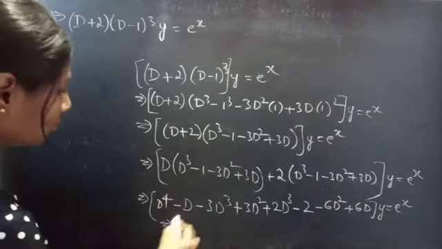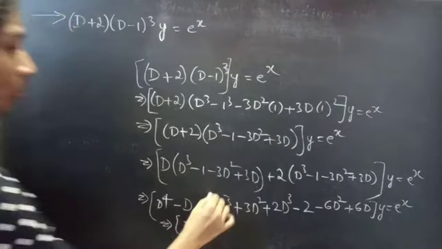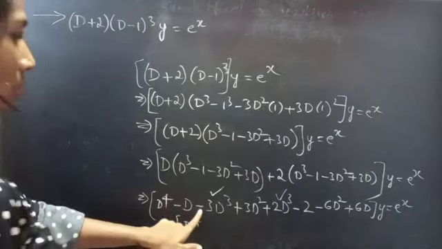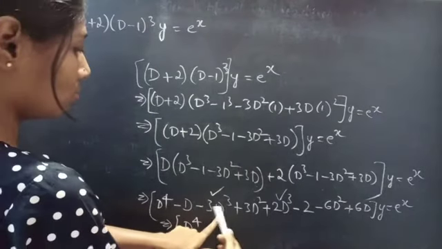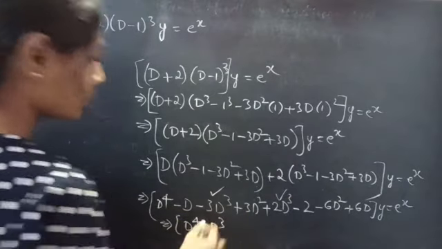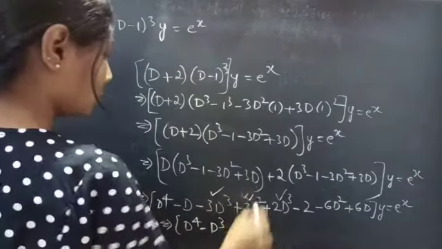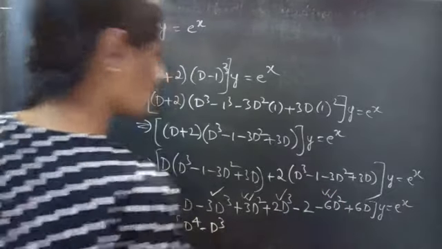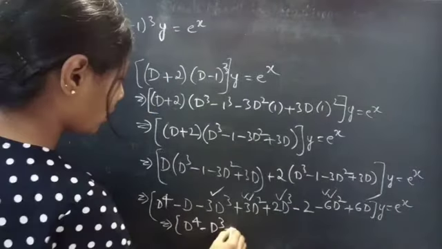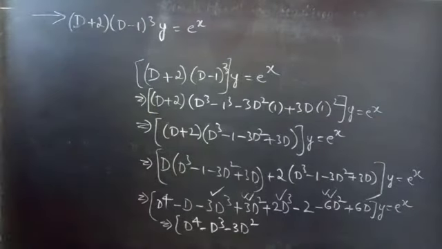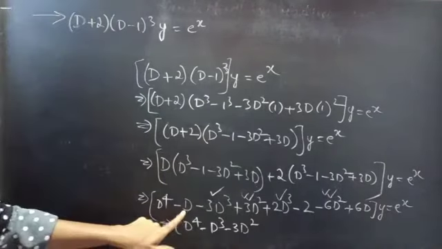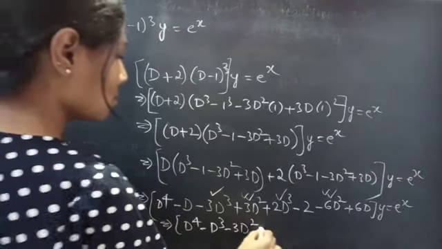Then D^4. You're having only two D^3 terms, so you'll get minus 3D^3 plus 2D^3 is minus 1D^3. Now identify the squares. Plus D^2 minus 6D^2 is minus 3D^2. Now identify terms involving D. Plus 6D minus D is plus 5D.